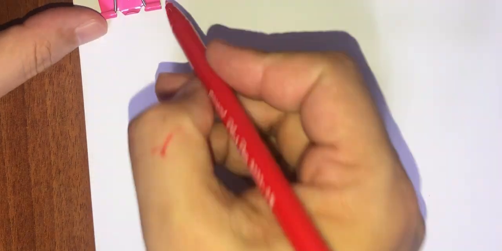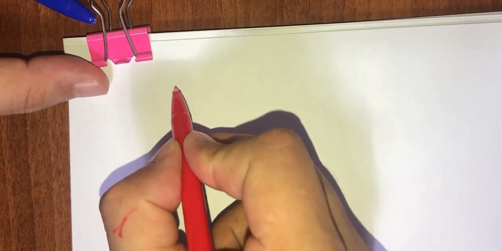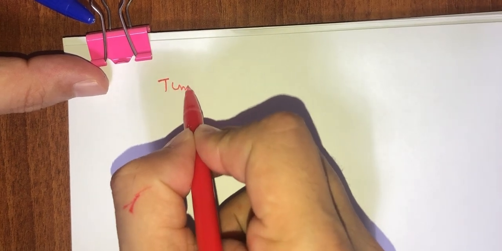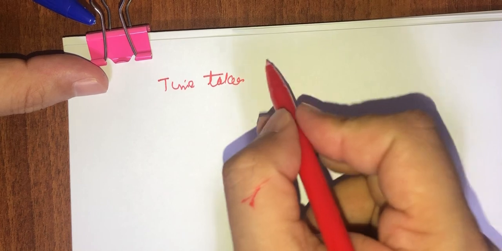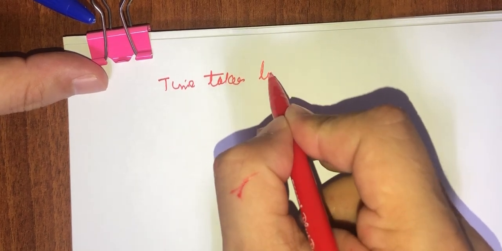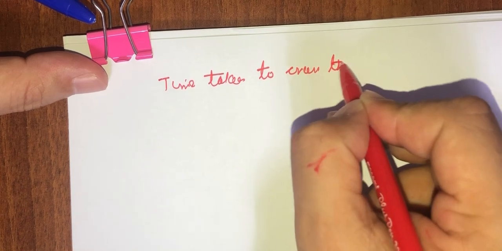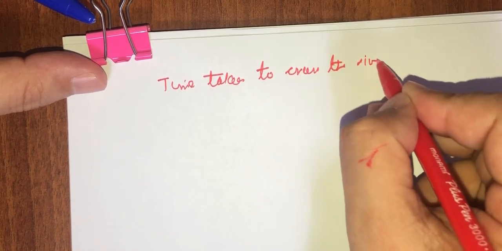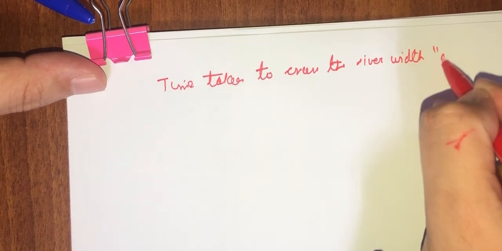Next we find out the time. So we can say time taken to cross the river width, which is nothing but d.